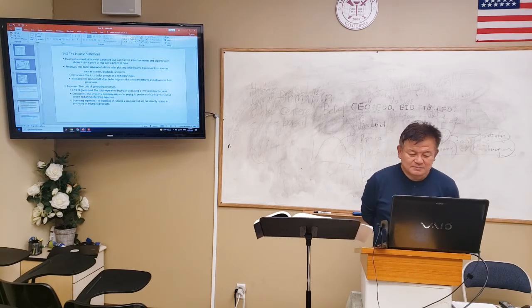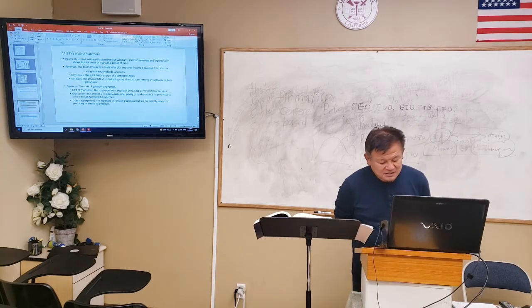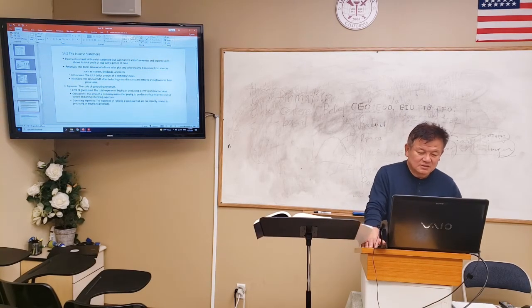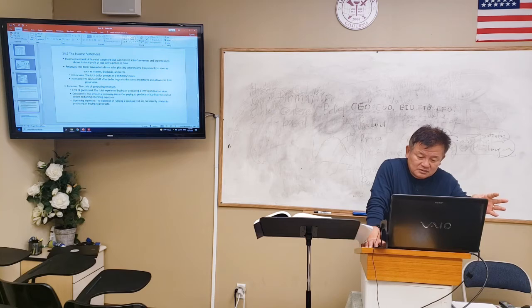And operating expenses are the expenses of running a business that are not directly related to producing or buying its products. This is operating expense. As you know, this is very common sense. Cost of goods sold: if you sell the products or services, then you charge it as expense. This is total expense.